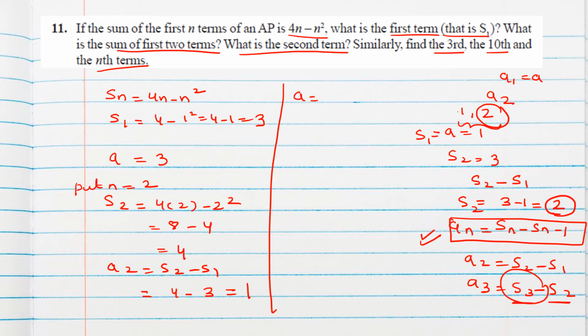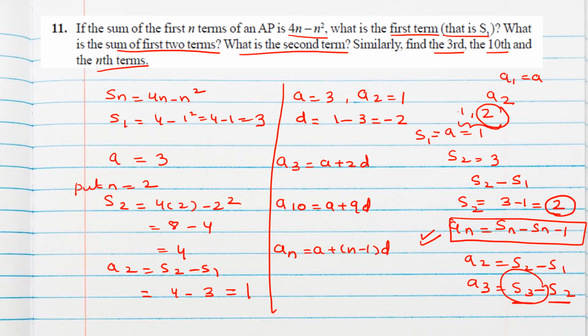So difference is what? 1 minus 3, which is minus 2. So third term means A plus 2D you can find directly. 10th term means A plus 9D, and nth term means A plus n minus 1 D you can find. So this way also we can do, or after getting the value of A and D, we can find all other terms.